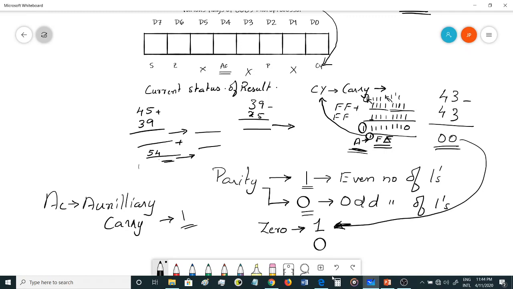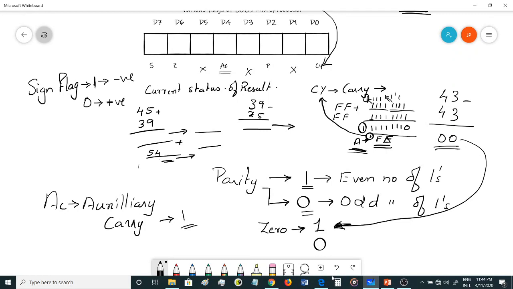Now comes a very interesting flag, which is known as your sign flag. It is very obvious that the sign flag will tell the sign of your result, whether the result is positive or negative. If the sign flag is set to 1, it means that your result is negative. If the sign flag is set to 0, it means that your result is positive.